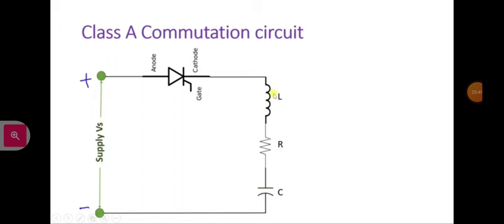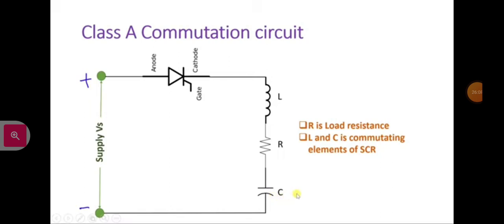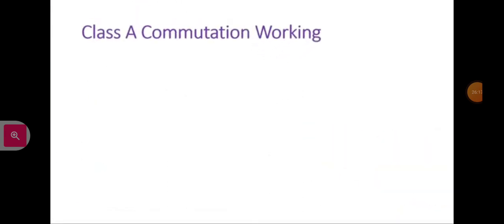In this class A commutation, you will be observing this R, that is the load resistance, and this L and C, these are the commutating elements of the SCR. So this inductor and capacitor are used to turn off the SCR. Now how these elements are turning off the SCR, that we will see in complete detail step by step. So let us try to understand how it works.